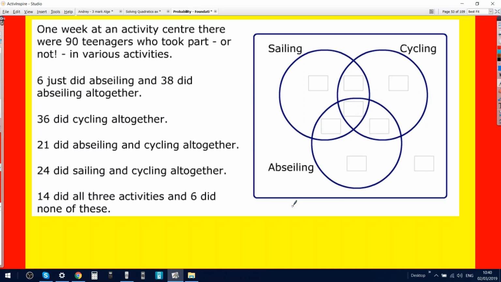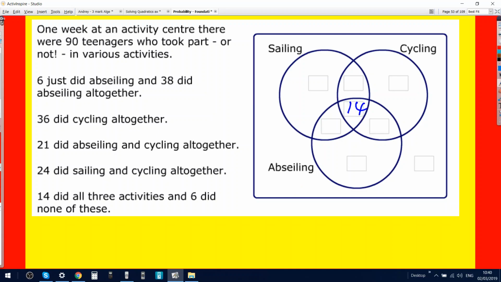So would it be 45 because it says 21 did abseiling and cycling together, and 24 did sailing and cycling together? So start from the very middle and work your way out. So would it be 40? Yes. So that's where we start from.